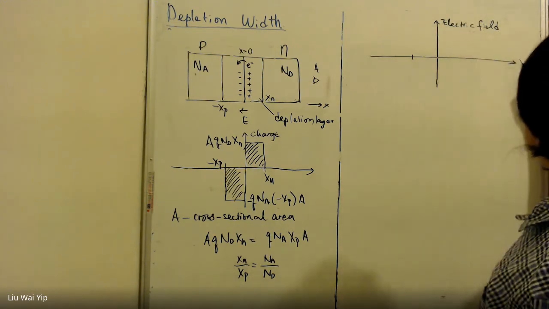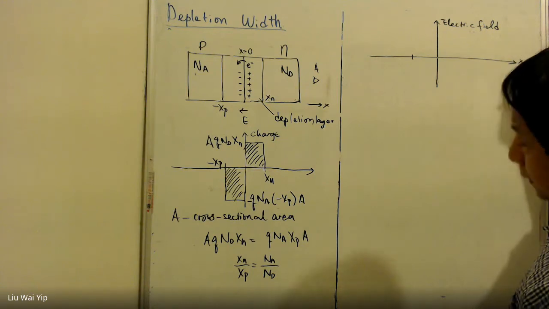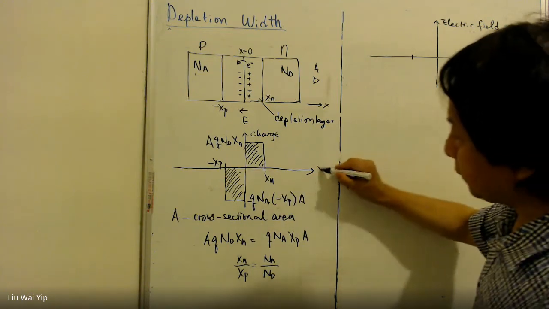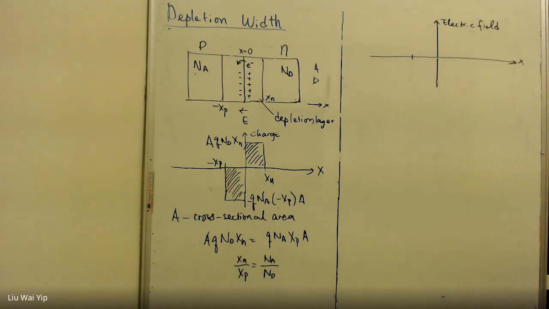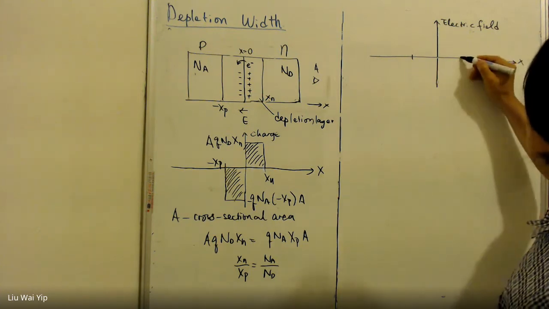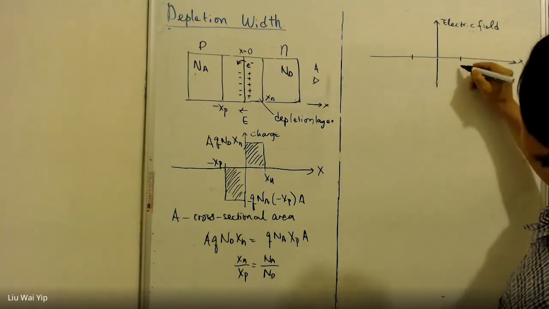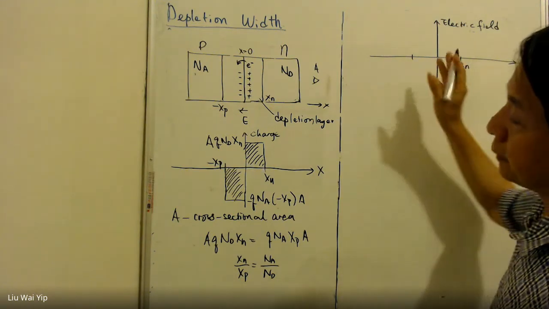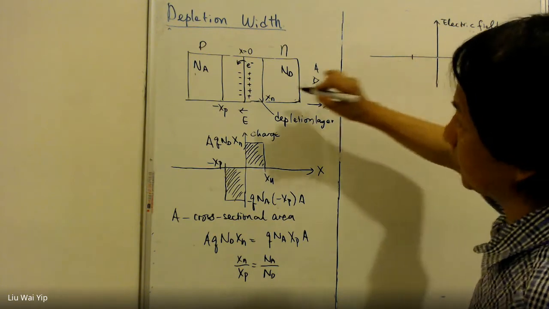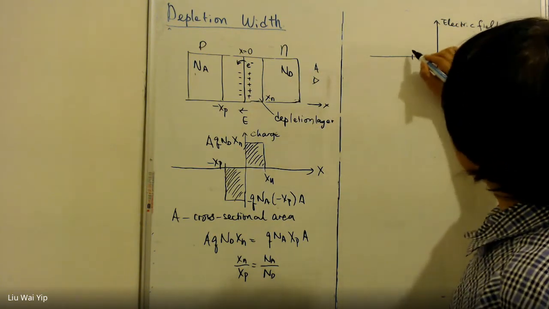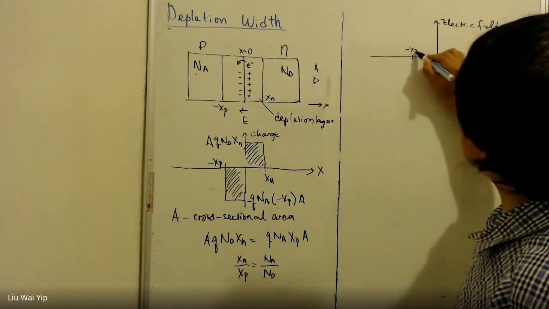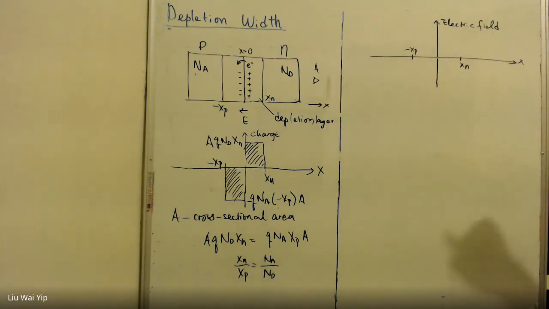Suppose the horizontal axis is x. At the N region, the border is xn, and in the P region, the border of the depletion layer is minus xp.